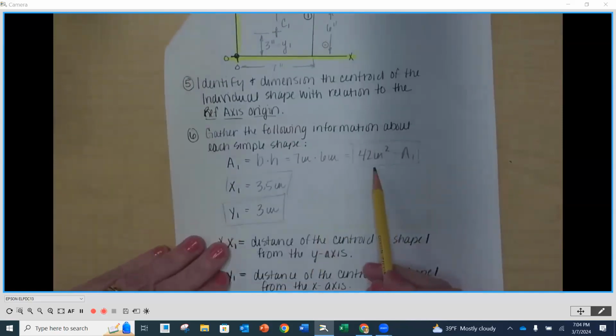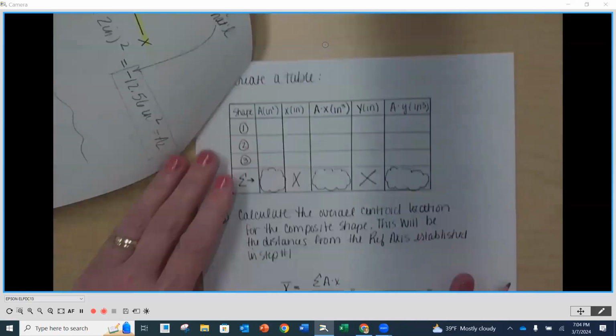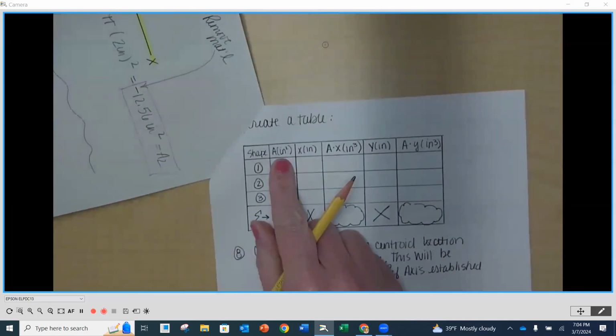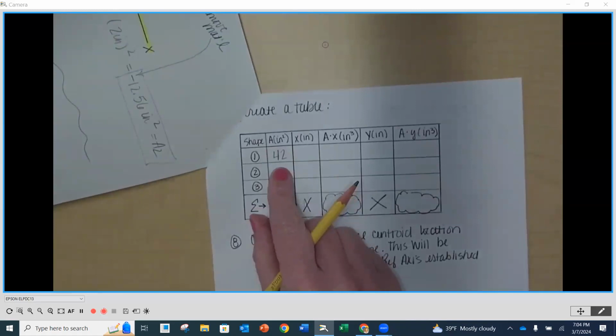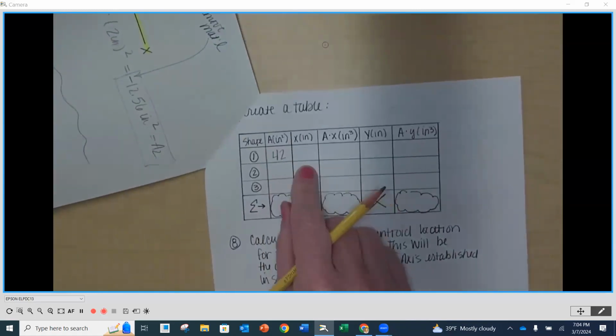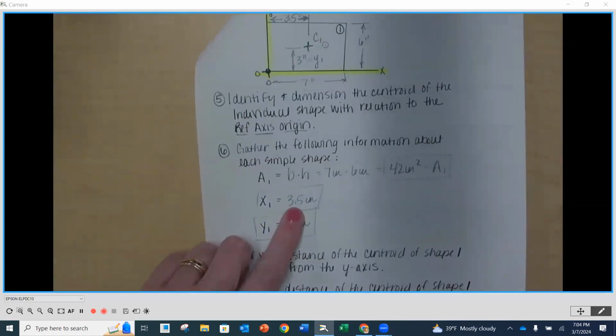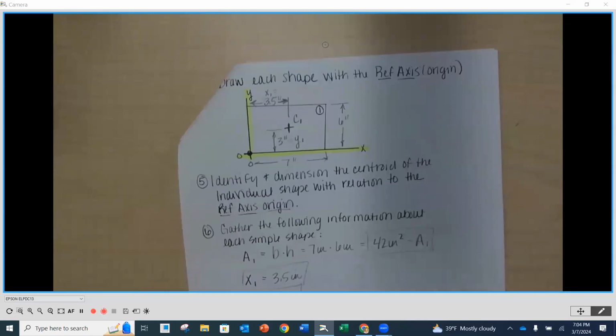So the area was 42 inches squared. So I'm going to go back over here. It's going to be 42. Now, I have inches squared at the top of our column, so I'm not going to put the units in the cells, because they're at the top of the column. So that's 42. My X1 is 3.5.